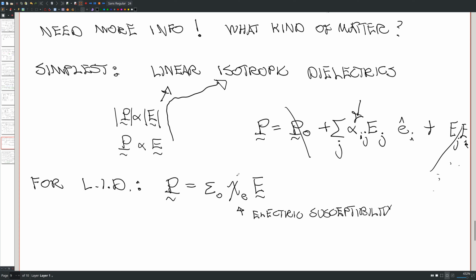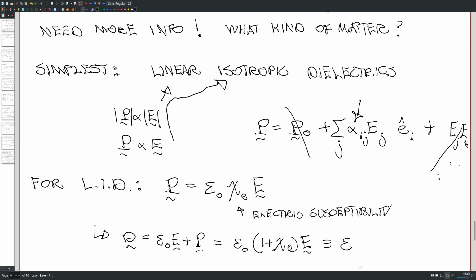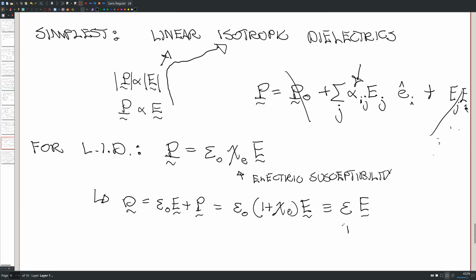So in linear isotropic dielectrics, D is just epsilon 0 E plus P. Now I can rewrite this as epsilon 0 times (1 plus the electric susceptibility) times E. By definition, this is epsilon times E, where this epsilon is baptized the permittivity.